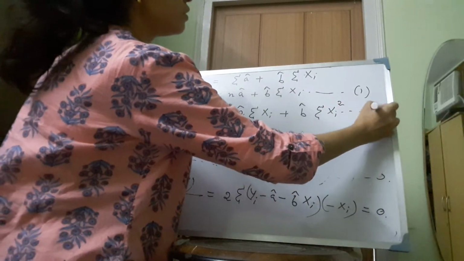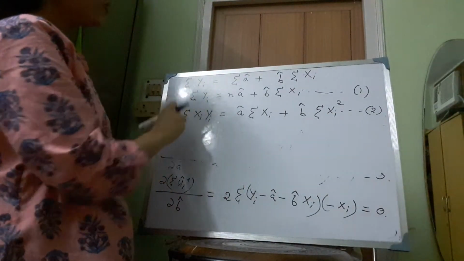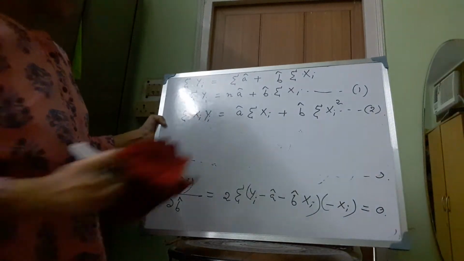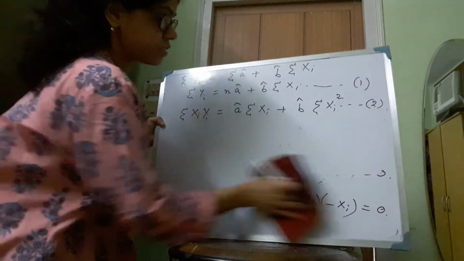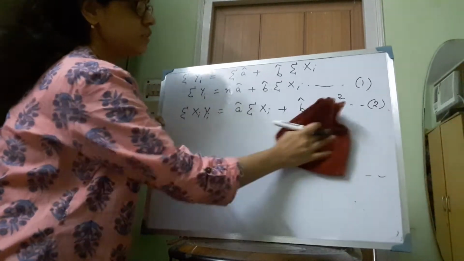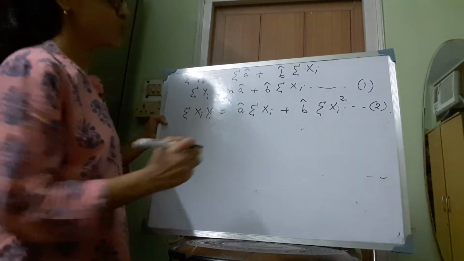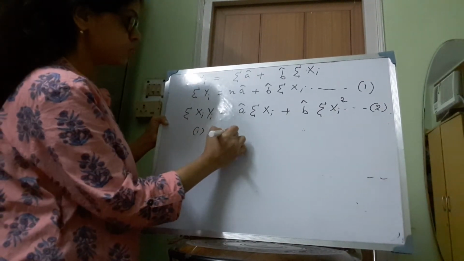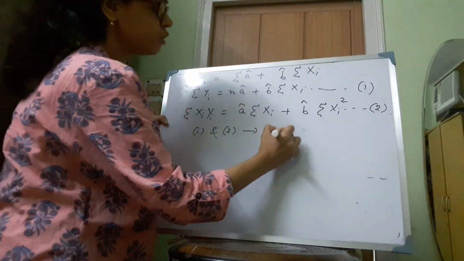So this is equation number 2. Now these two equations are called the normal equations in OLS estimation. So equation 1 and equation 2 are called normal equations.